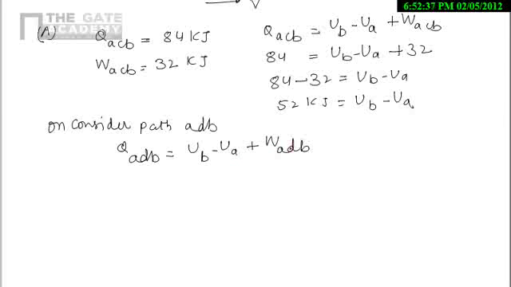Work done is 10.5 kJ, positive work done, and we have to find out the heat flow. UB minus UA we have already calculated, that is 52, and work done is 10.5. So QADB will be 52 plus 10.5, that is 62.5 kJ. So this one is the desired answer for part A.